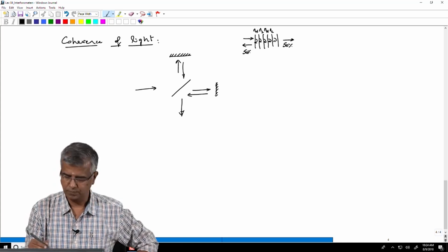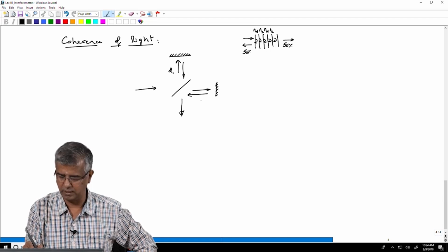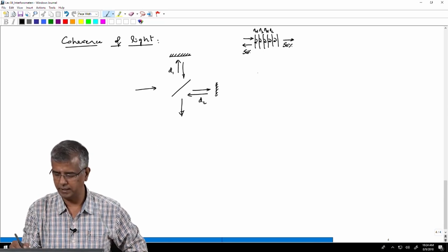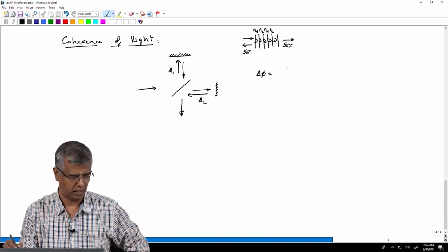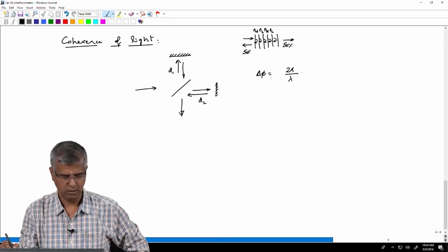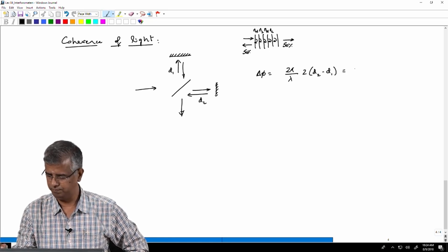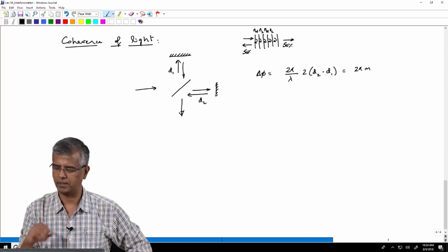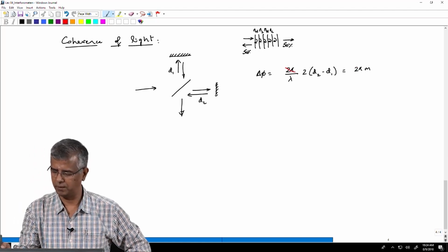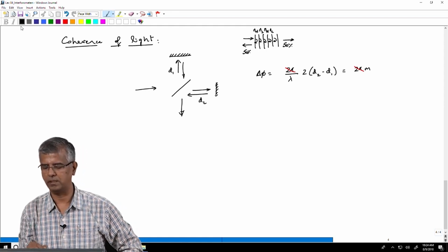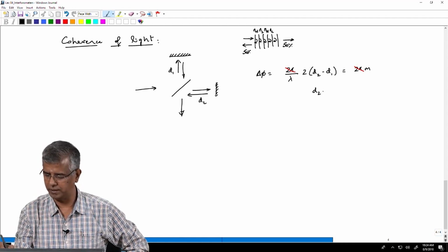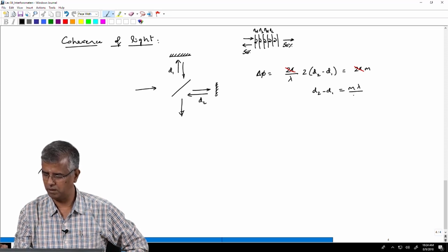But nevertheless, coming back to the Michelson. We defined things such that this distance we called d1, this we called d2, and we were looking at delta phi, which we said is 2 pi over lambda multiplied by 2 times d2 minus d1. This has to be equal to 2 pi m for the constructive interference criterion, and then we can cancel 2 pi and come up with the expression we were seeing previously, which is d2 minus d1 equals m lambda over 2.